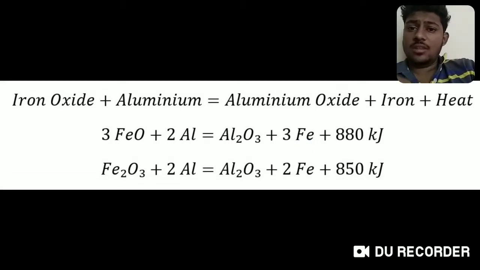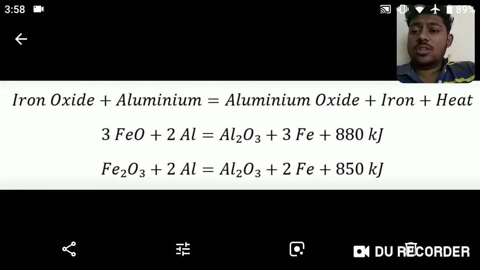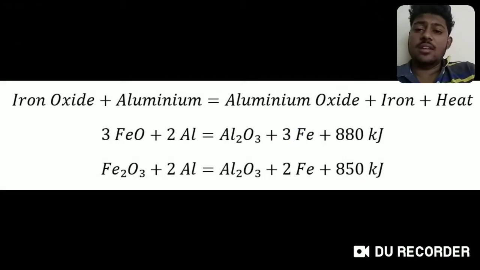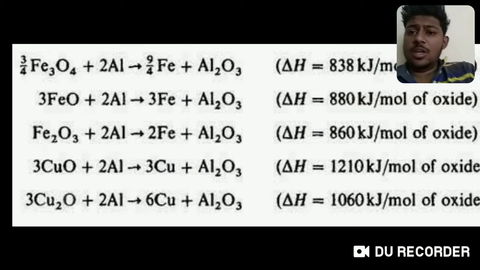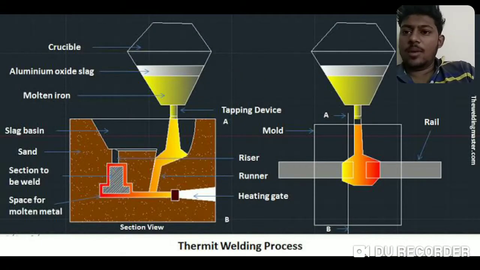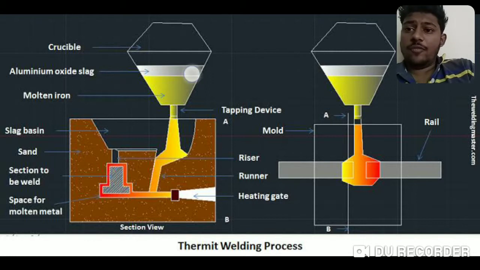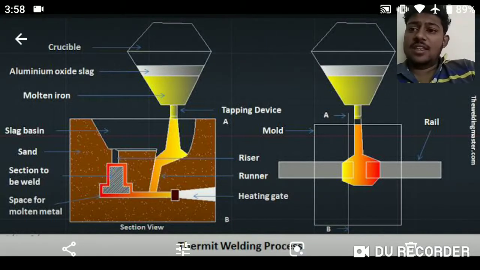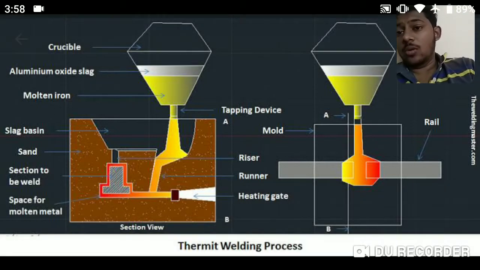The aluminum in thermite reacts with the oxygen in the ferrous oxide, so the oxide gets replaced and only molten iron is left. Aluminum oxide, being a much lighter substance, floats above, and the molten iron, being a much heavier liquid, goes below.